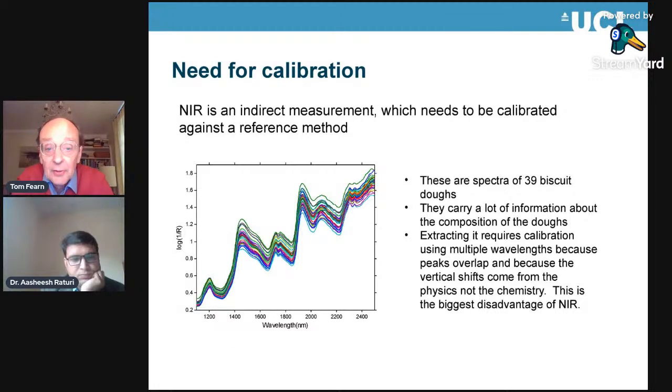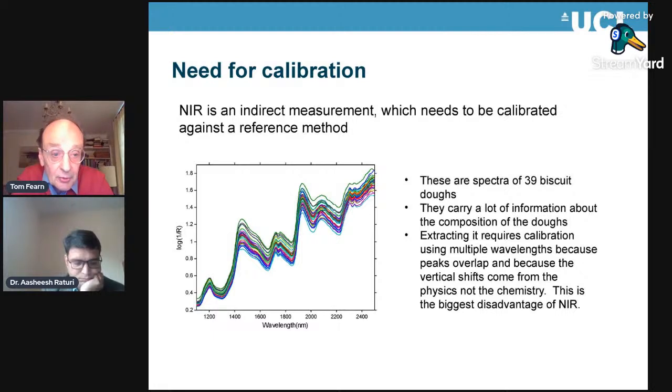It's the standard thing to use. So this carries lots of information, but extracting it's difficult. If you just take one wavelength and plot the absorbance at that wavelength against moisture content or protein content, you will not get a good linear relationship.